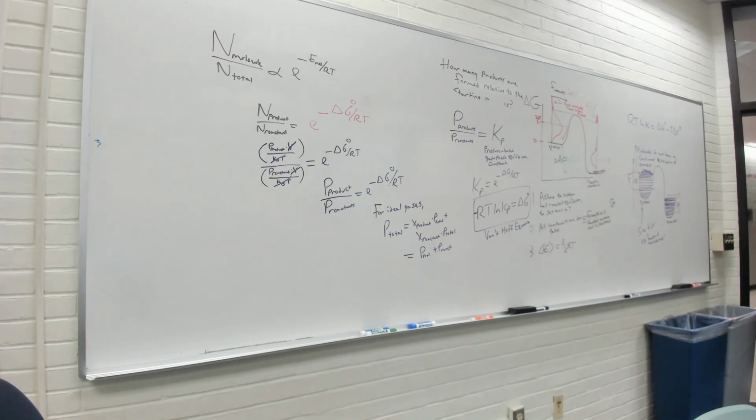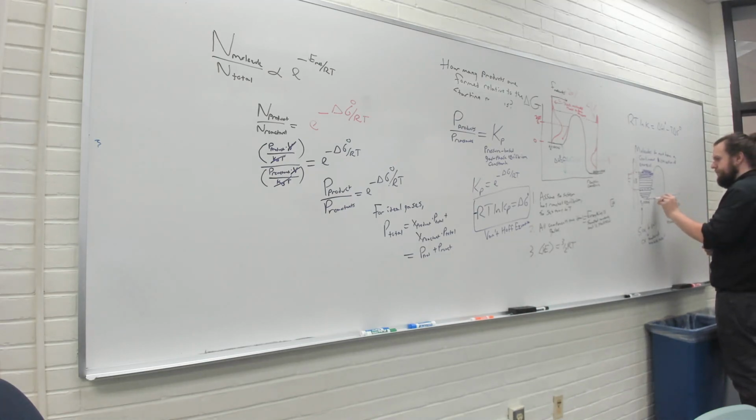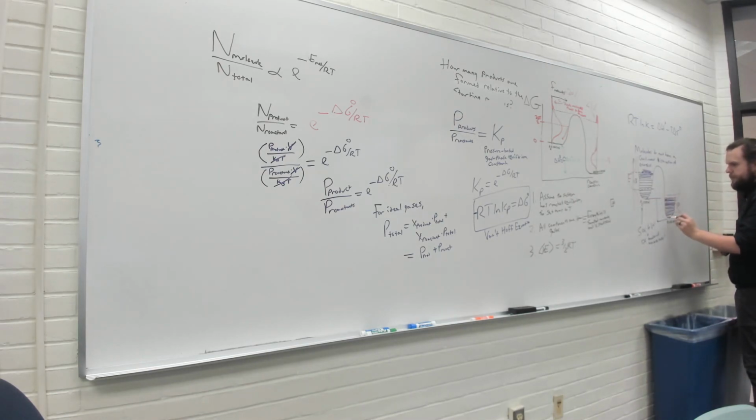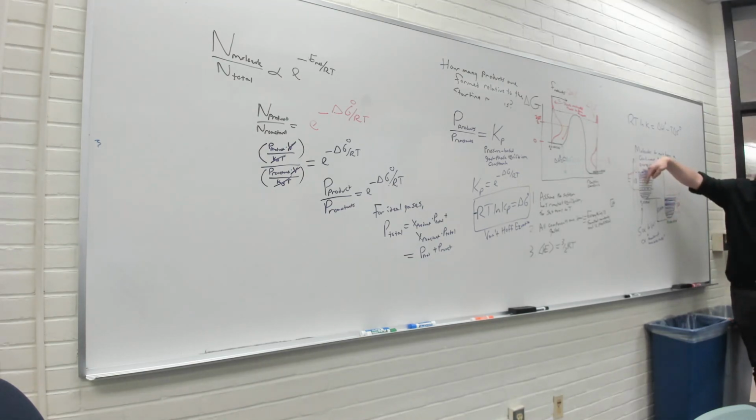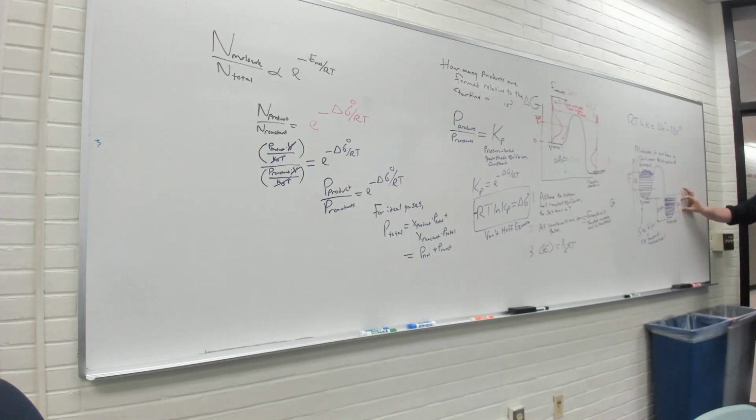So what we've done is, first of all, we've released energy as enthalpy by going from here down to here. This is delta H less than 0. The system's released energy. But we've also gone from an ordered state, with a small number of configurations, to one that's much larger.